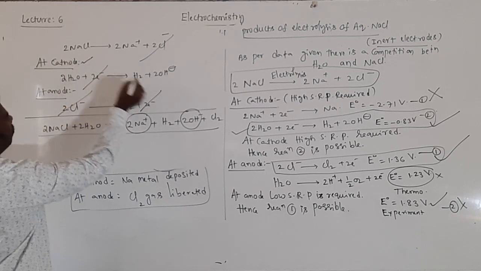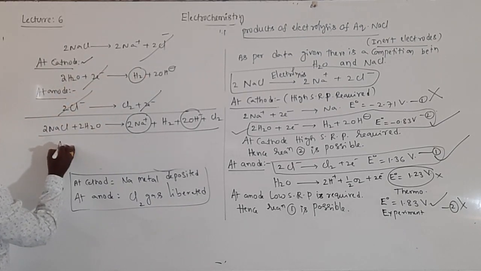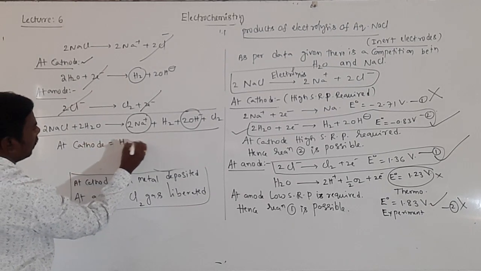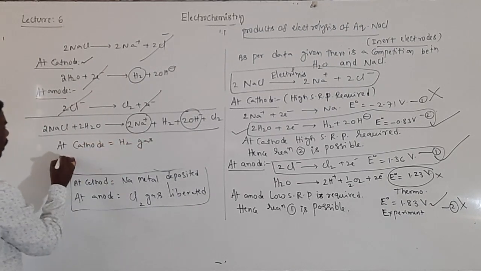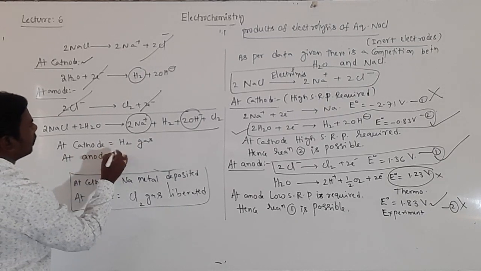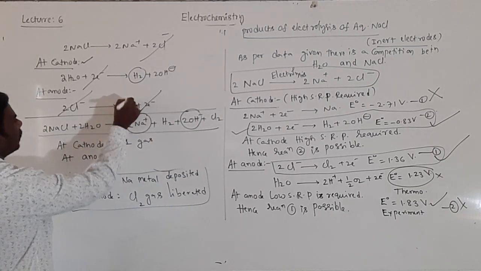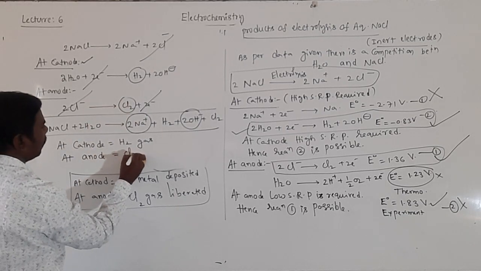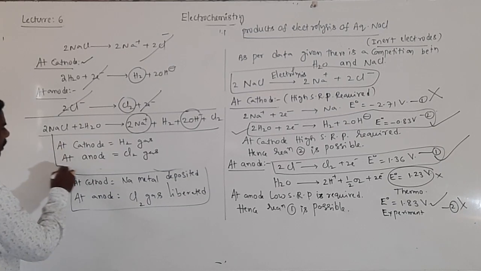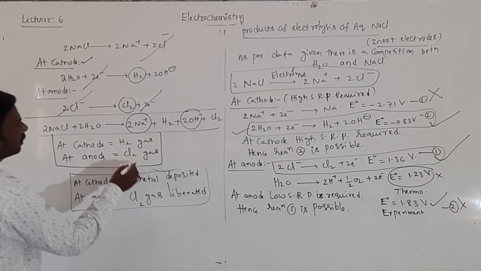At the cathode, what is the gas liberated? The gas liberated is hydrogen gas. At the anode, what is it? Cl2 gas will be liberated. And the byproduct, what is the byproduct, students?